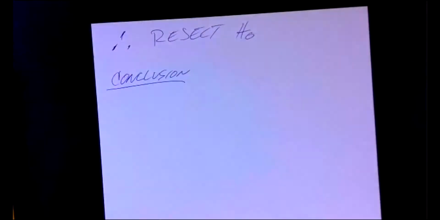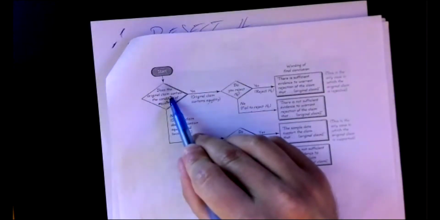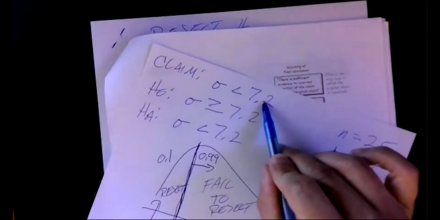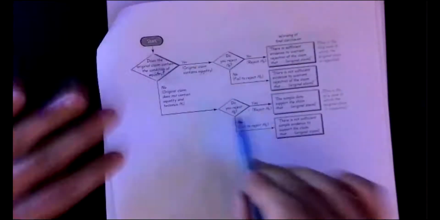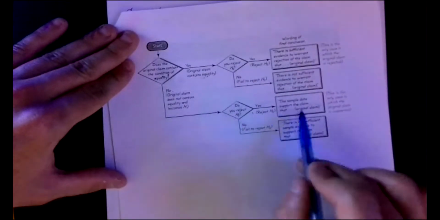Conclusion. Does the claim contain equality? No, it does not. Go down. Do you reject the null hypothesis? Yes, we do.